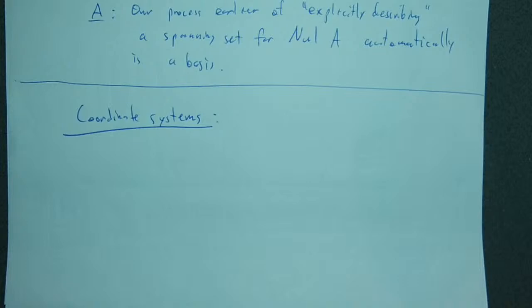I'm touching on something that I might not have mentioned except in passing before, which is, are bases unique? That is, if I have either a vector space or a vector subspace, and I have a basis for it, is that the only basis?